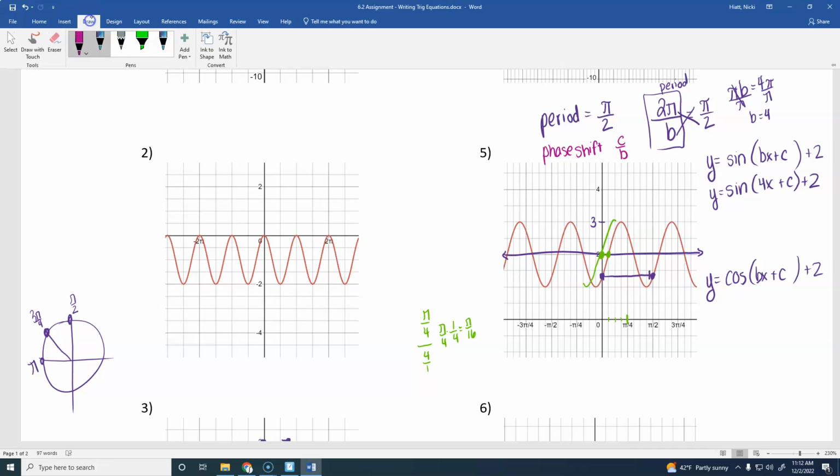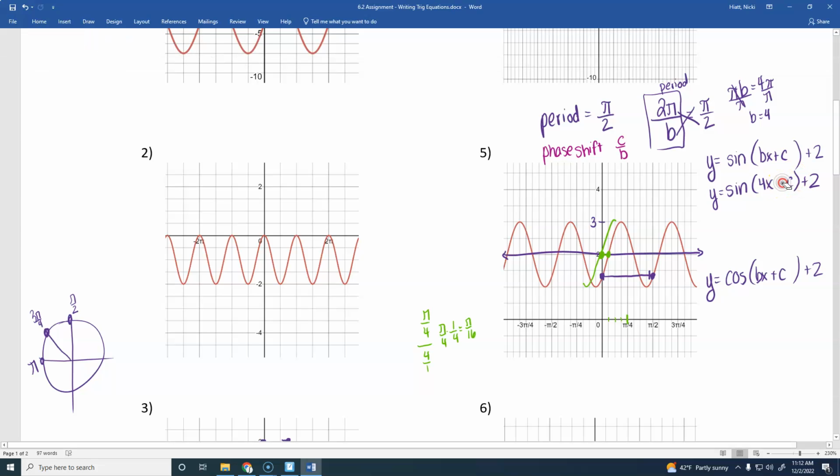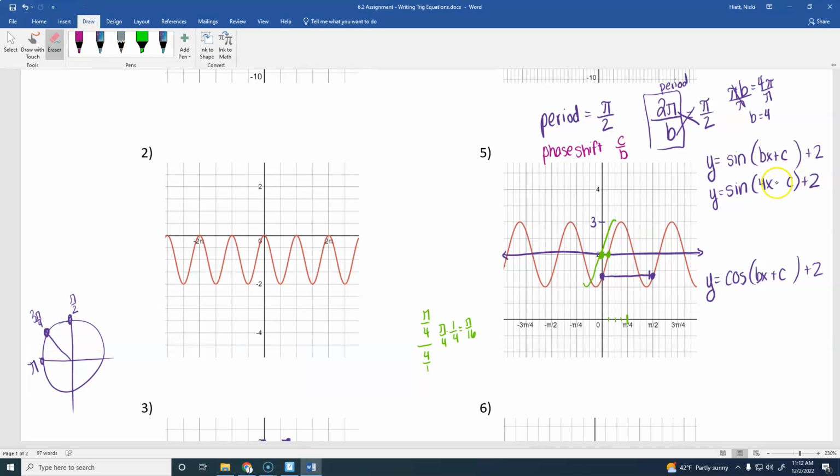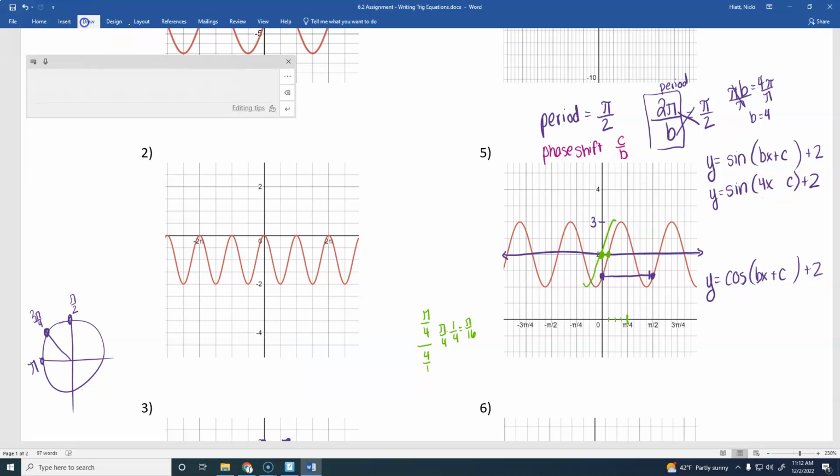Since I'm going to move to the right, should this c right here be a positive or a negative? It should be a negative. So I'm just going to already assume I know that and then ignore signs, because sometimes I can get a little backwards with my signs if I don't do that. So c over b is going to equal your phase shift. Well, I already know b. I found b, right? So I can say c over 4 equals my phase shift, which is pi over 16.